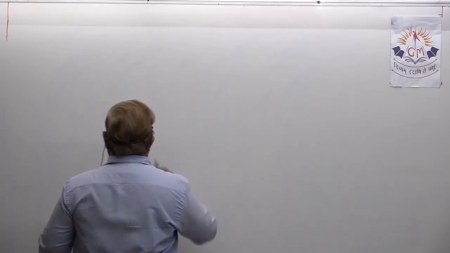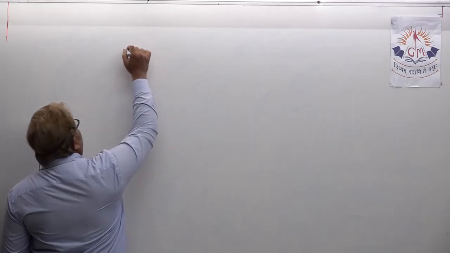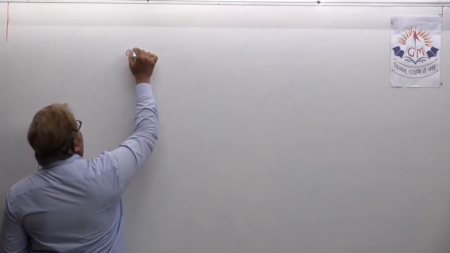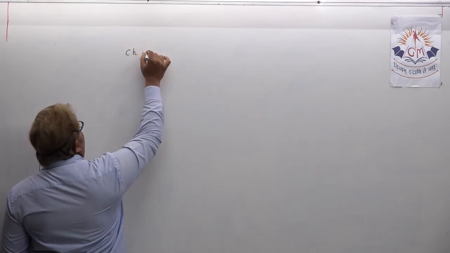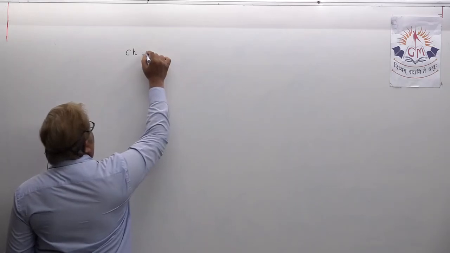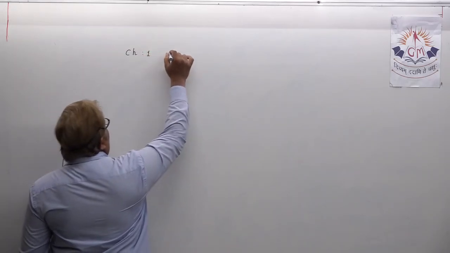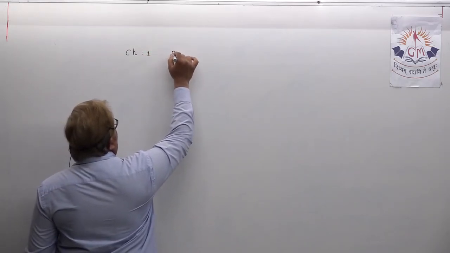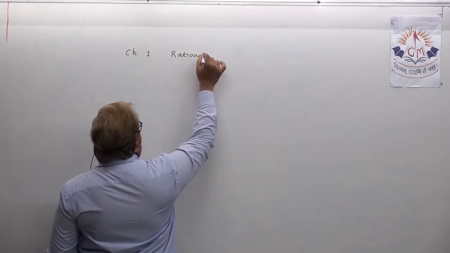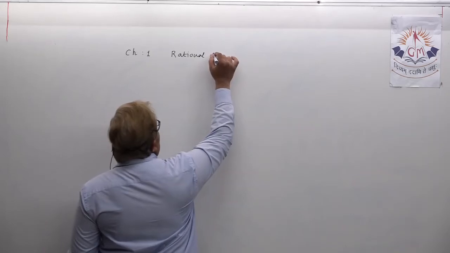Okay, first title of the chapter, as you know, that's chapter number 1, in which, what is the title of the chapter? You all know, rational numbers.